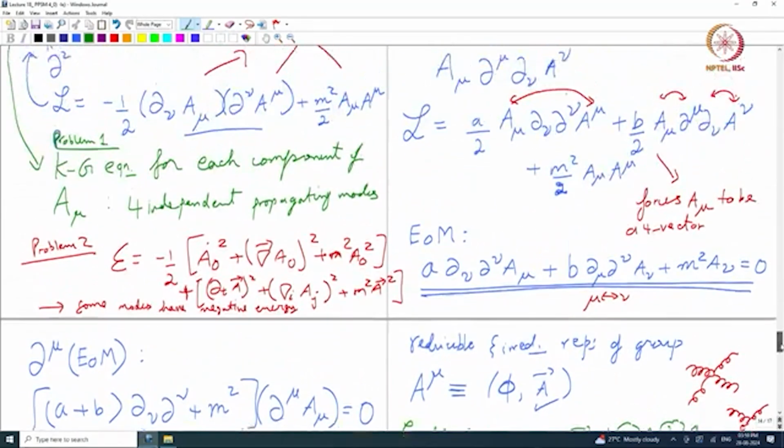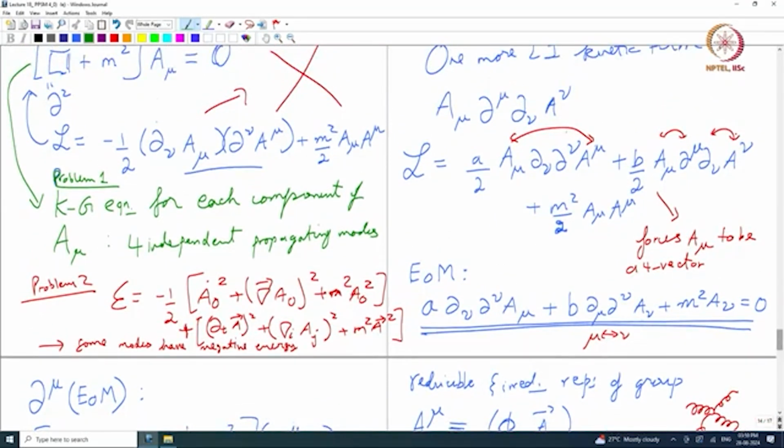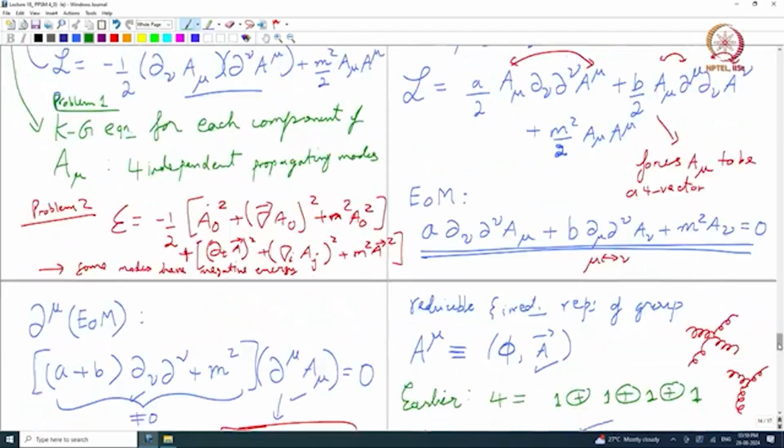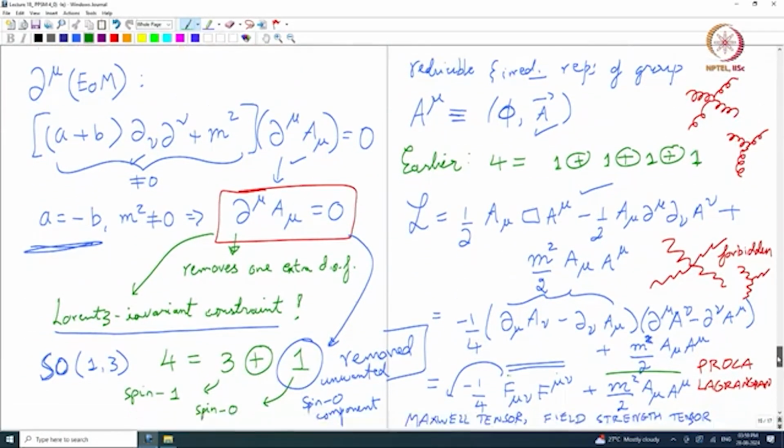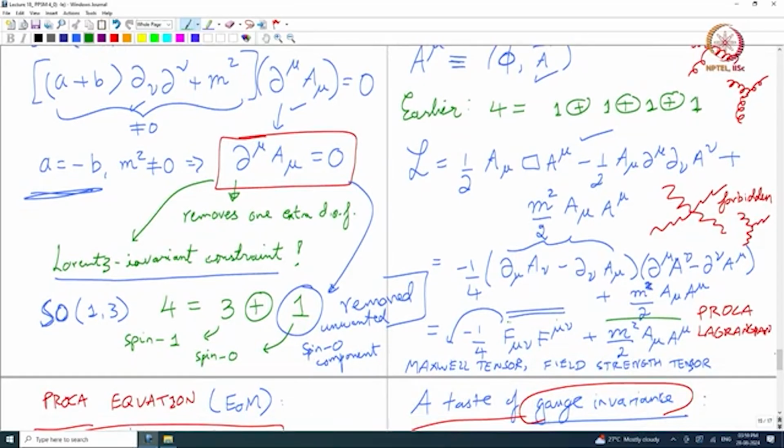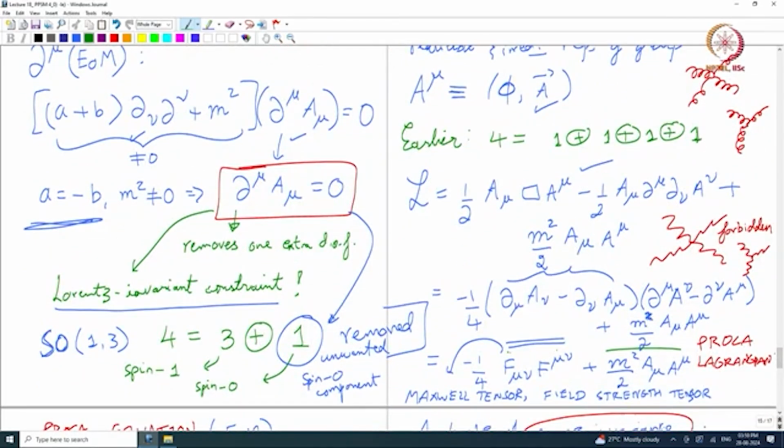And we saw that you could have yet another Lorentz invariant term that you could add, and then from the equation of motion by manipulating it we found that there is 1 degree of freedom that you can completely remove. It happens to be the correct degree of freedom because the constraint itself is Lorentz invariant, and so you have removed an unwanted Lorentz invariant spin 0 component. Okay, that is exactly the degree of freedom you have removed by taking the reducible representation of the Lorentz group.